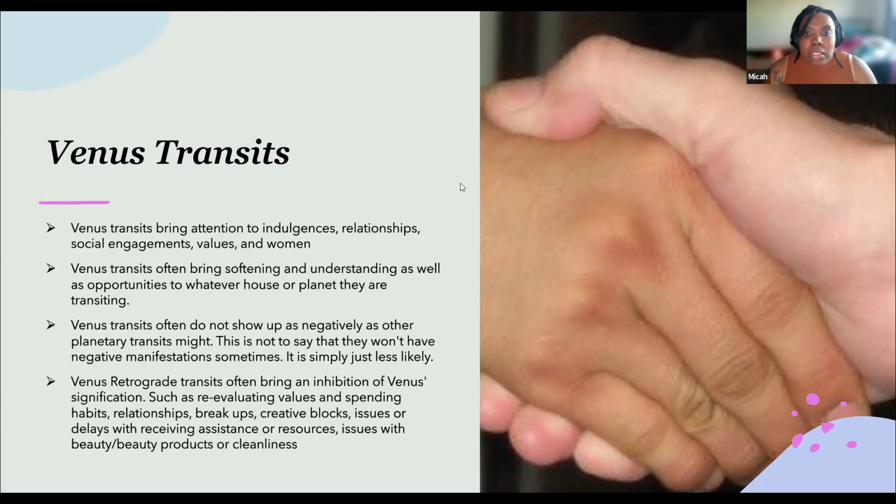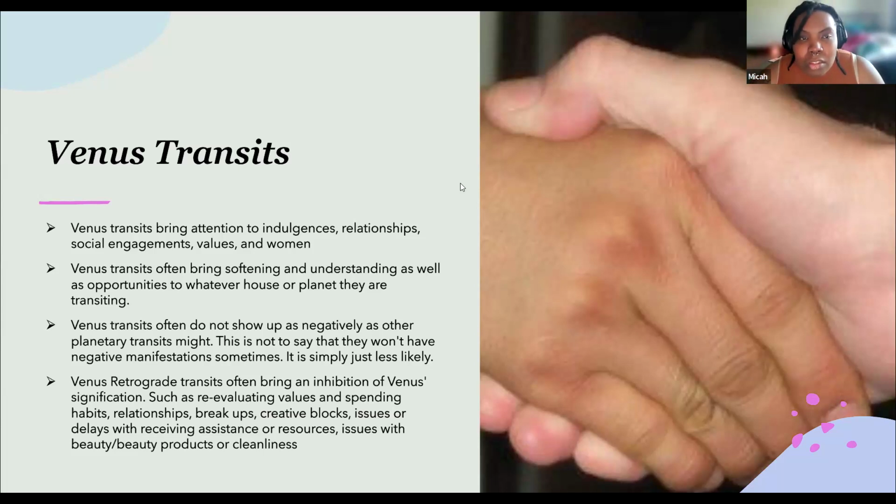But Venus likes things to be in order, harmonious, balanced. And so I think the cleanliness part comes from beauty in itself, as things being well balanced. Yeah, I think that's where the cleanliness thing comes from.